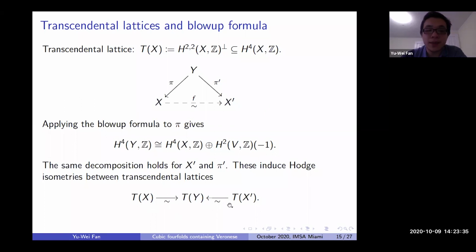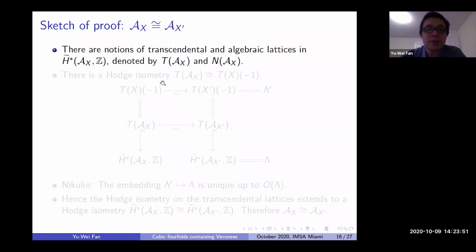And so now the next step is to lift this isometry on the transcendental lattice to the Mukai lattice. Okay. So there's a notion of transcendental lattice and algebraic lattice in this Mukai lattice.